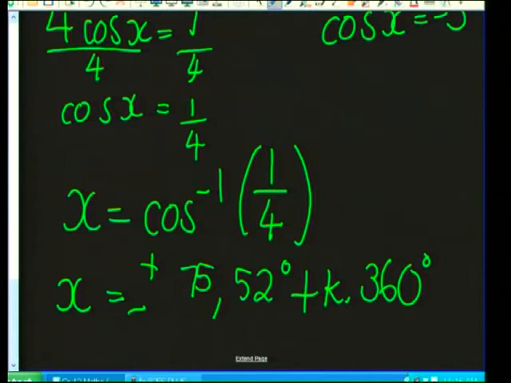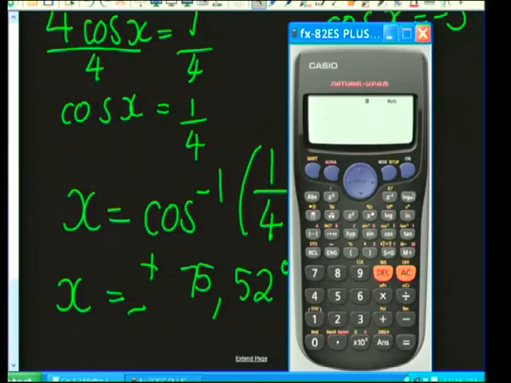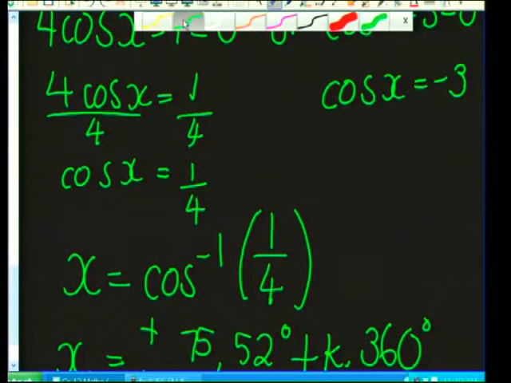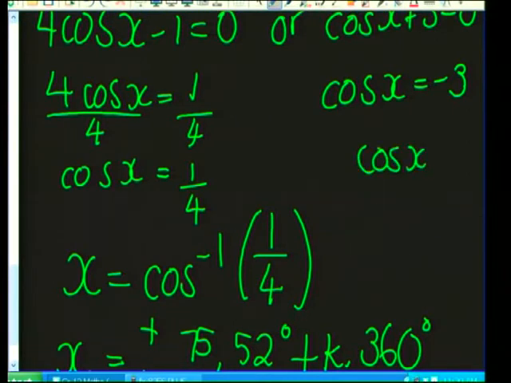Let me show you what I mean. So let's do this. Shift cos of negative 3. Can you see? That's an error. So now you get an error. Why would you actually get an error? Well, because remember cos x only exists between negative 1 and positive 1.